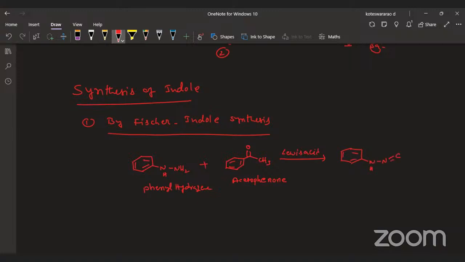Whenever you are doing functional group analysis in the organic chemistry practicals, we frequently use phenyl hydrazine for preparing derivatives of carbonyl compounds. This is called the phenyl hydrazone derivative: the acetophenone phenyl hydrazone.